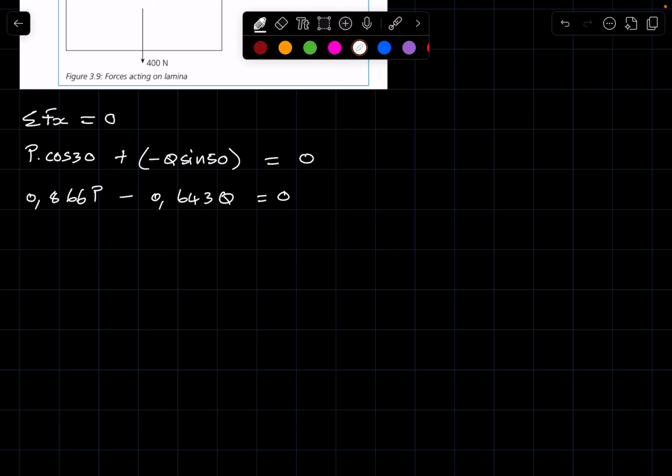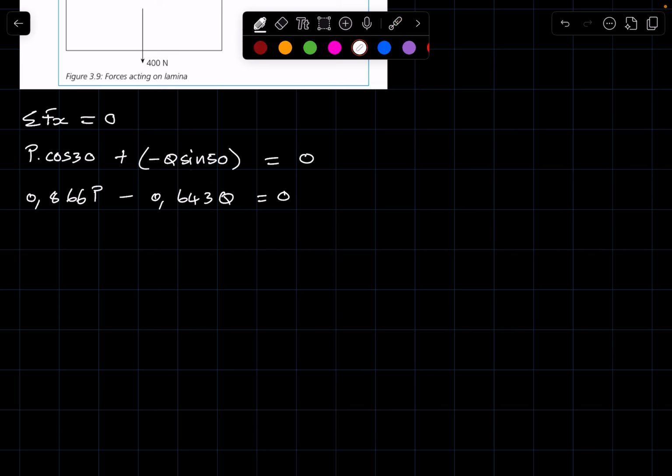Formulating our first equation here, seeing that we only have two terms, it means you can express one of these, either P or Q, in terms of the other one. So expressing P in terms of Q, we're going to take this term and transpose it to that side.